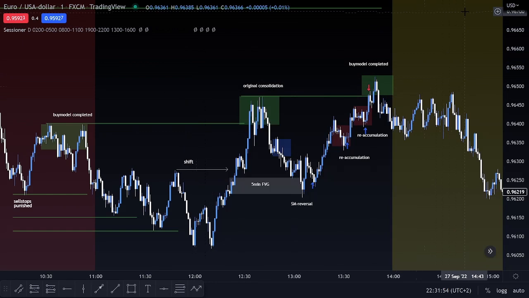So this is an idea of how you can frame setups intraday. As you can see, Marketmaker models are going to be everywhere in price. It's just a matter of how you see them, and just by looking at this piece of price action, I can see a lot of Marketmaker models.